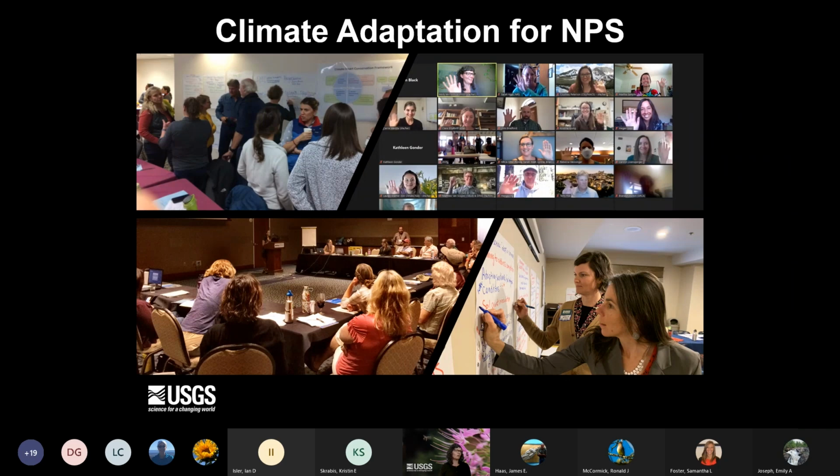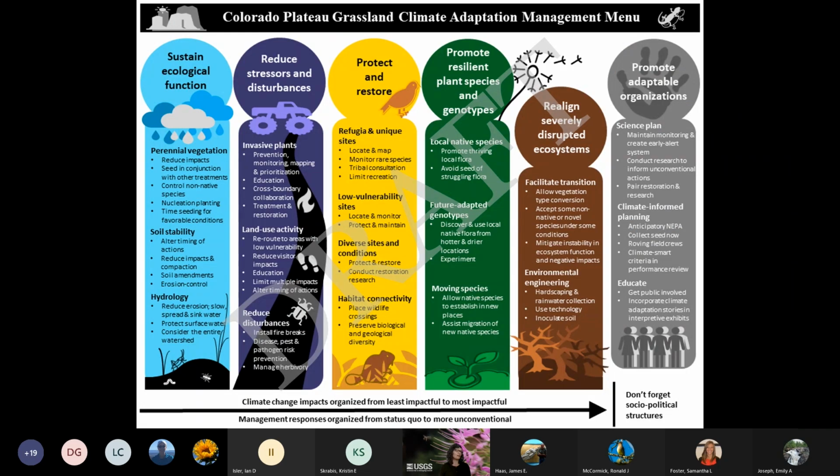And so we created that report, and then we are also just about to finish this management menu. I wanted to show this, not to show you all the details of what's on it, but just to say one of the fruits of this project was this printable menu that people can use.